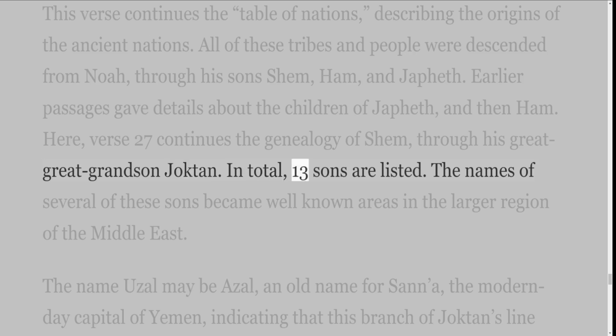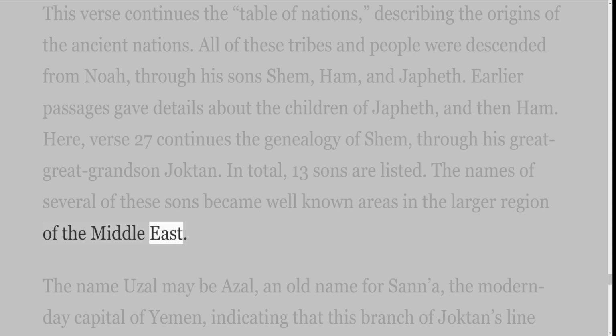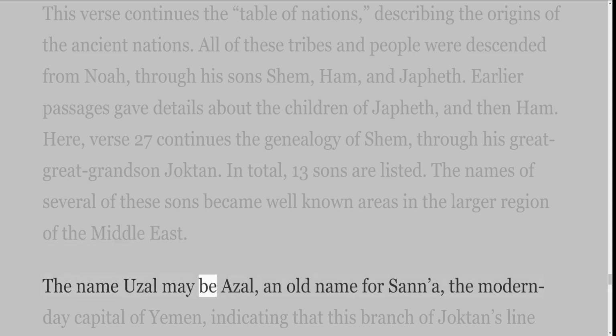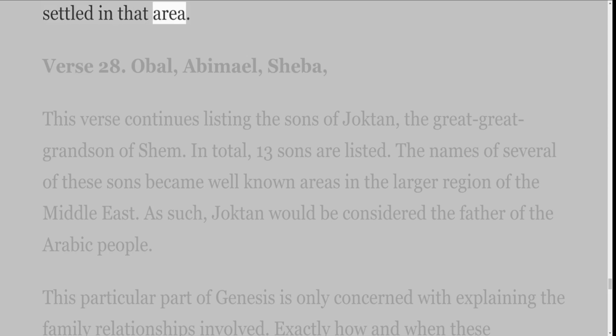In total, 13 sons are listed. The names of several of these sons became well-known areas in the larger region of the Middle East. The name Uzal may be Azal, an old name for Sana'a, the modern-day capital of Yemen, indicating that this branch of Joktan's line settled in that area.